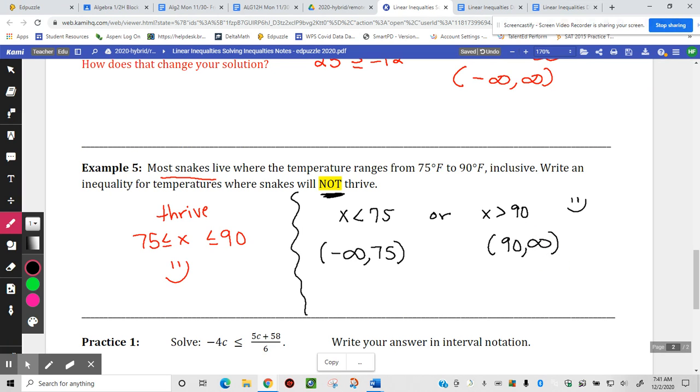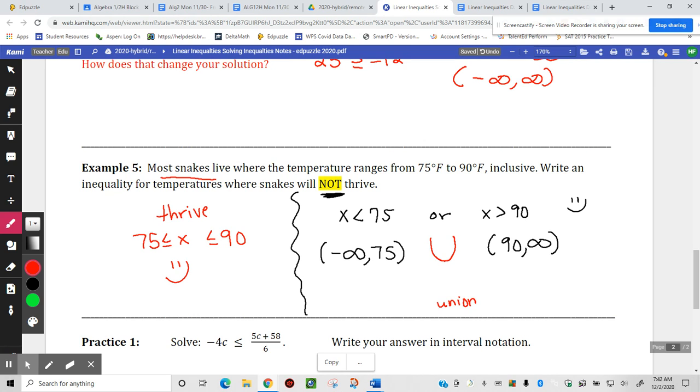You're good. This or part, because snakes don't thrive when it's less than 75 or when it's bigger than 90, this or thing in interval notation is a big U, and that's the union. It means that both sets of answers will answer this question.